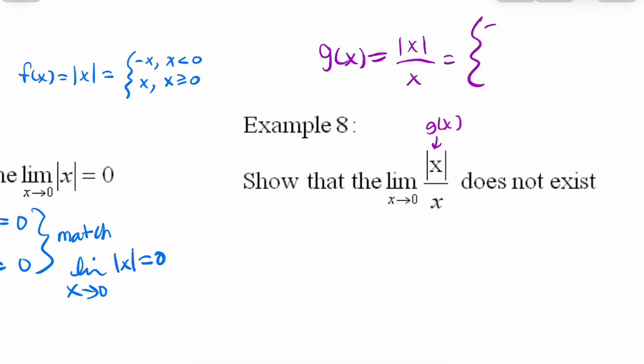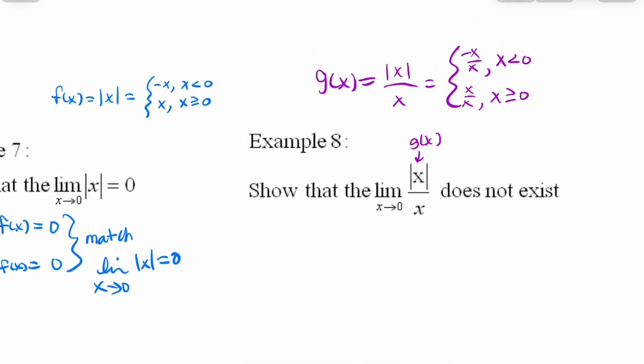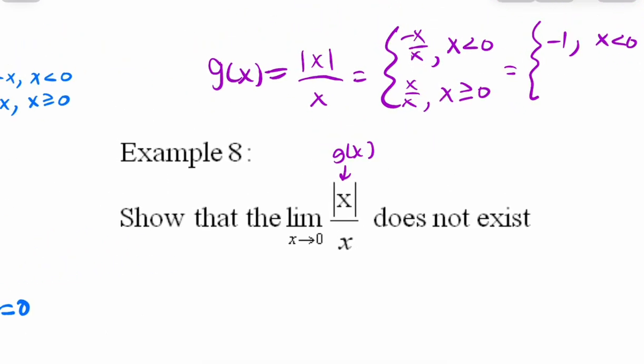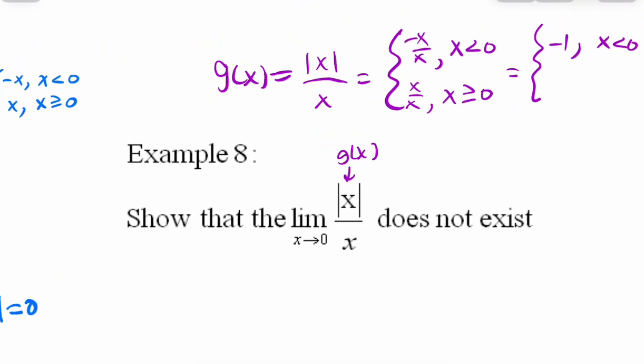So it's going to be negative x over x when x is less than 0, and positive x over x when x is greater than or equal to 0. What does negative x over x reduce down to? Negative 1. What does positive x over x reduce down to? 1.